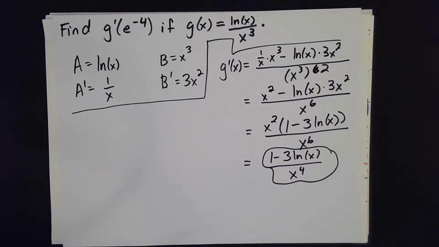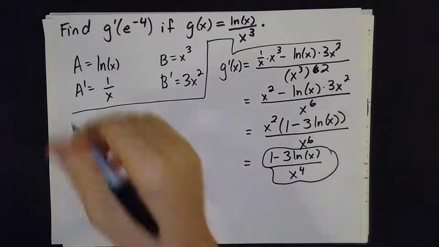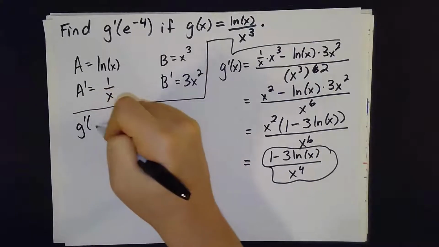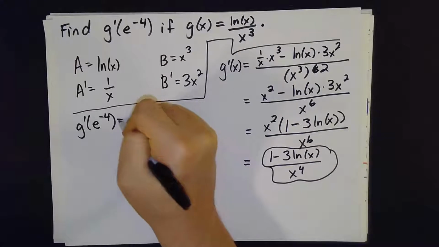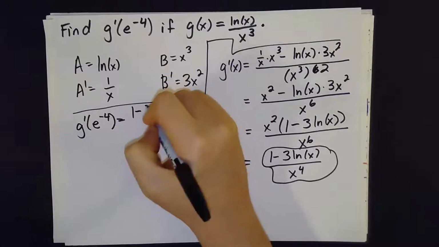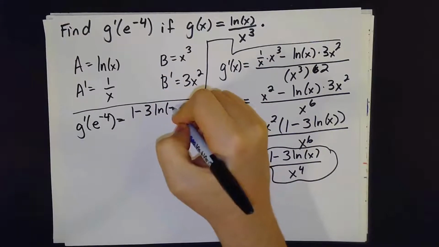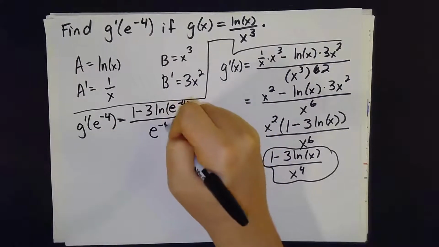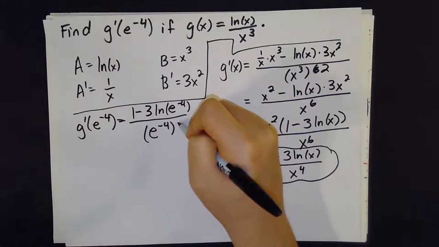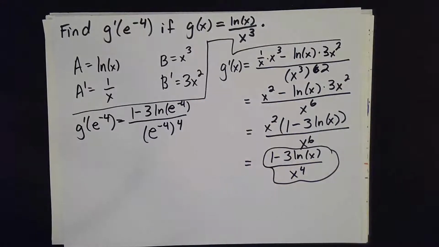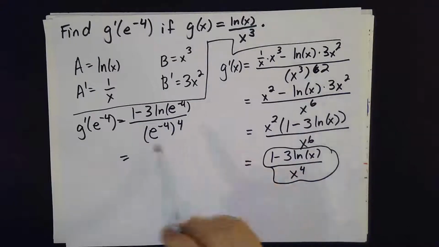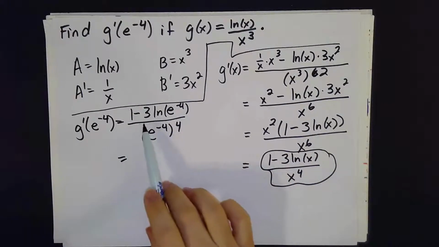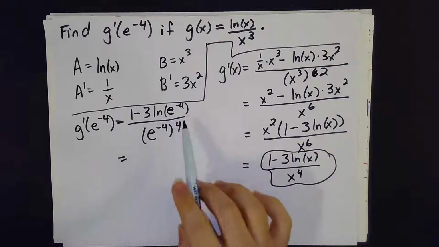but the question actually asks for G prime of e to the minus 4th, so let's do that. So 1 minus 3 times the natural log of e to the minus 4.